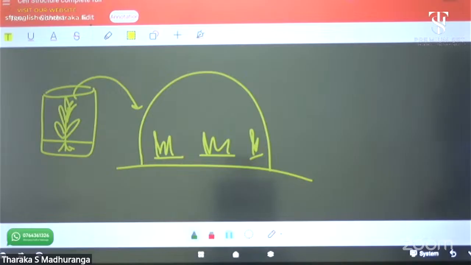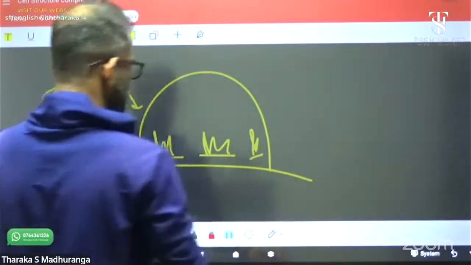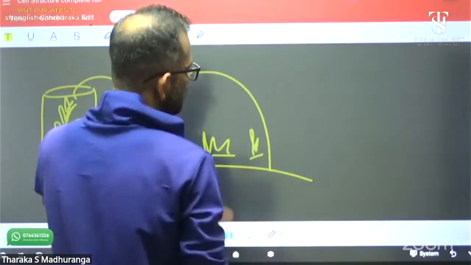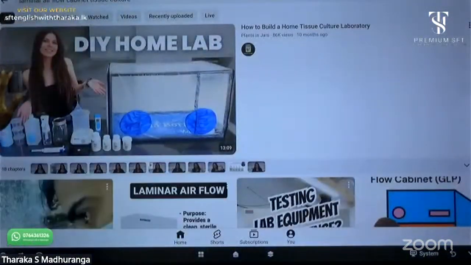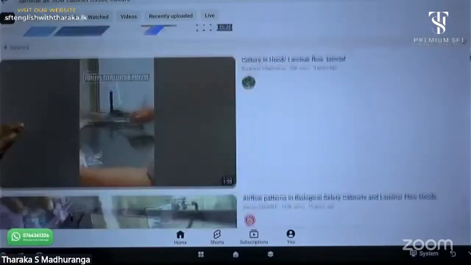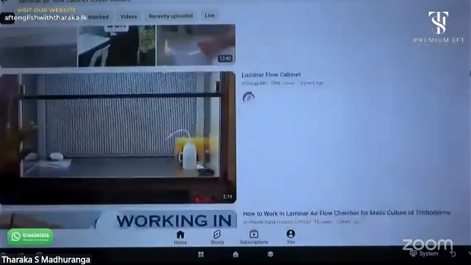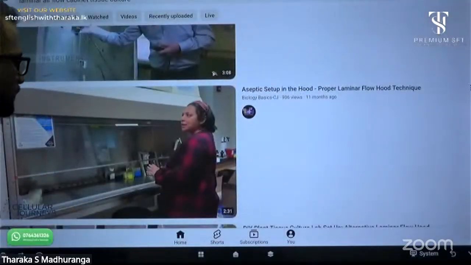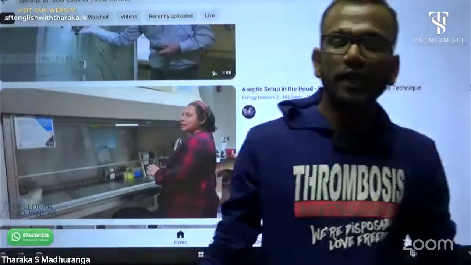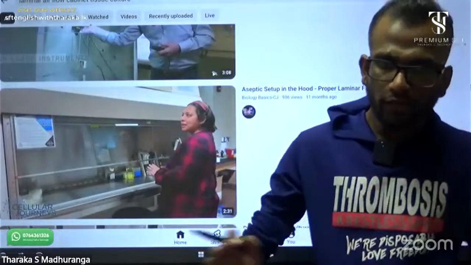Okay, this is tissue culture. I will show you this laminar flow cabinet. It is a completely aseptic surrounding, right?